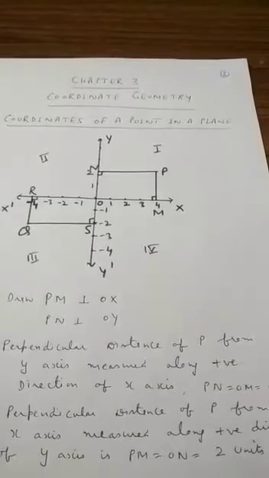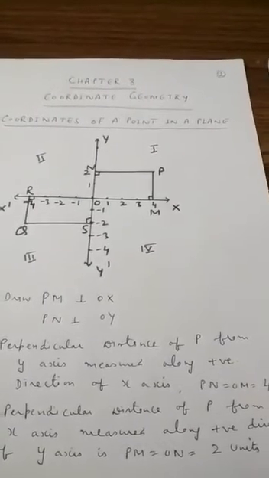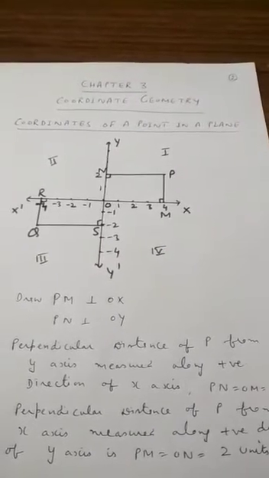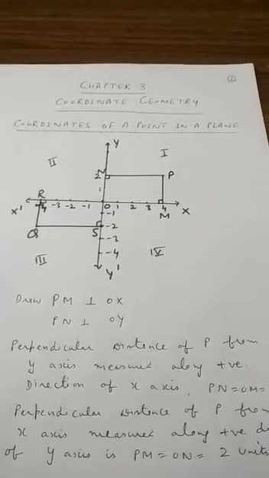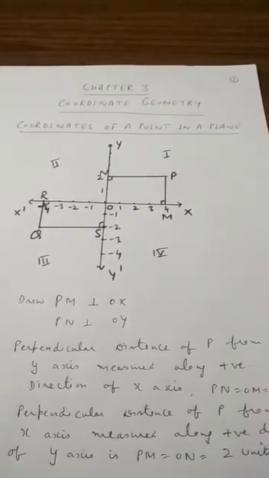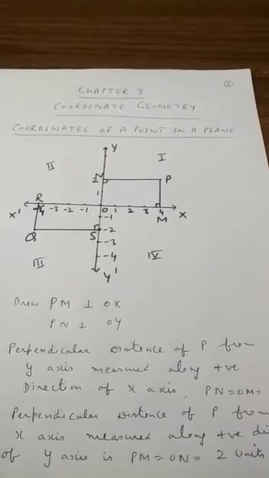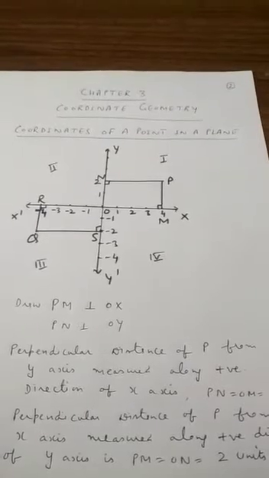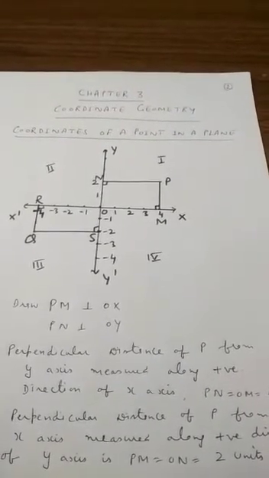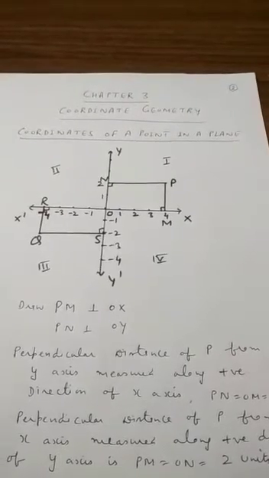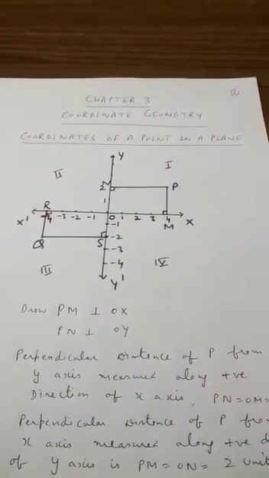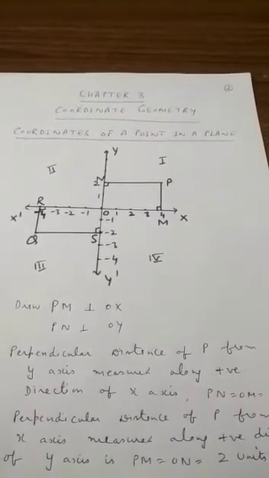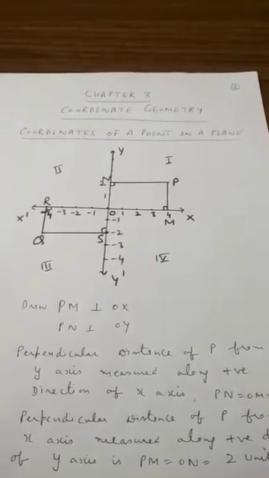PN is equal to OM, that is 4 units, and this is known as the x coordinate or abscissa. The perpendicular distance of a point from the y-axis is known as abscissa. Similarly, PM is the perpendicular distance of P from the x-axis measured along the positive direction of the y-axis. PM is equal to ON, that is 2 units, and it is known as the ordinate.